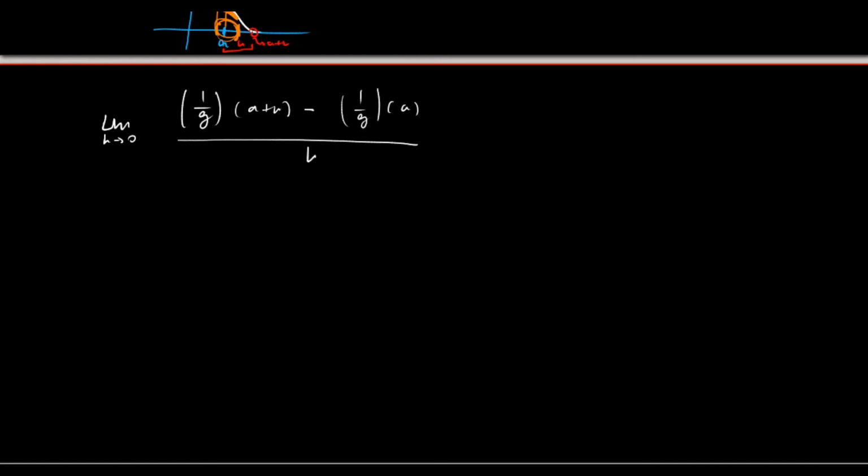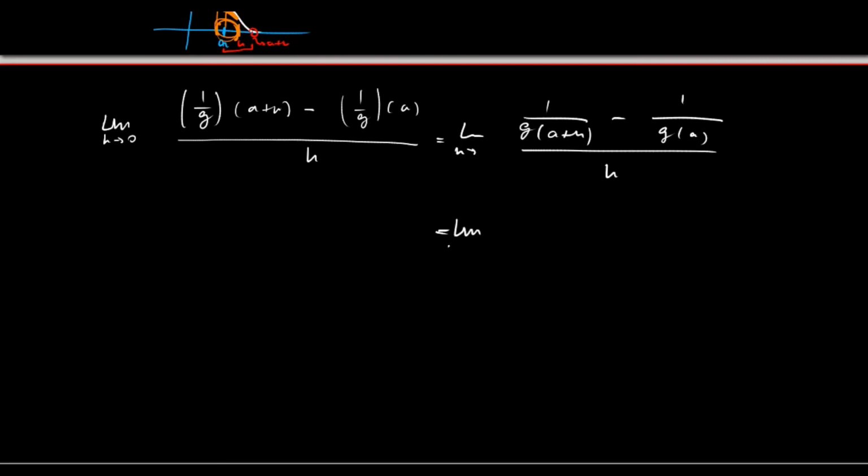So now that we have all those things in order, we can continue with the limit when h tends to 0 of 1 over g of a plus h minus 1 over g of a, divided by h. Using the definition of the derivative of 1 over g, it is the limit of 1 over g in a plus h minus 1 over g in a divided by h.